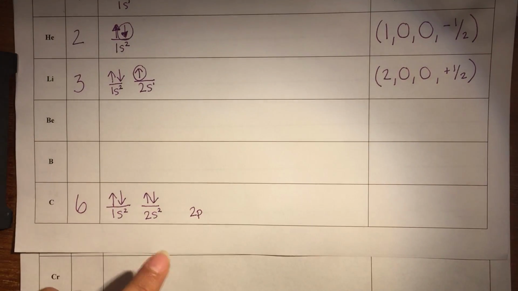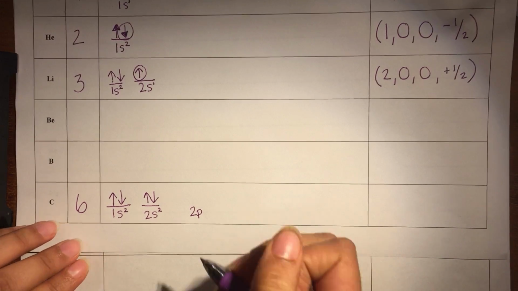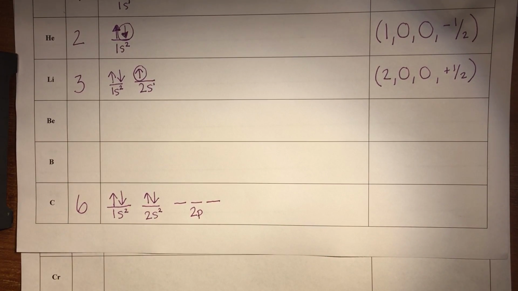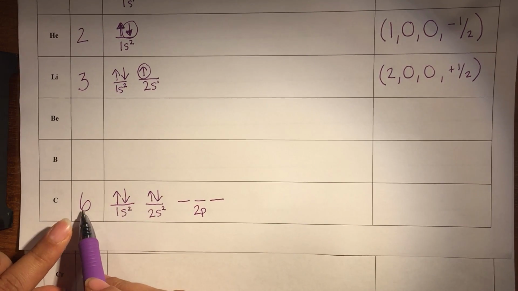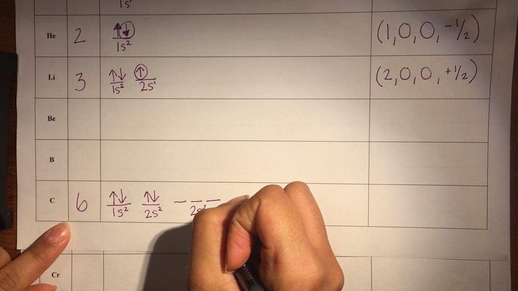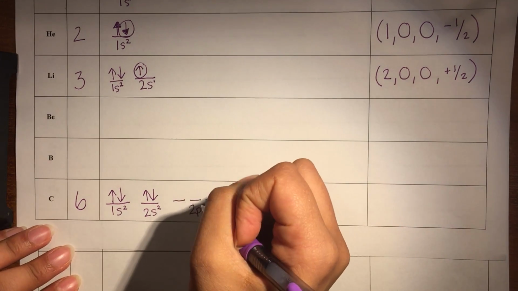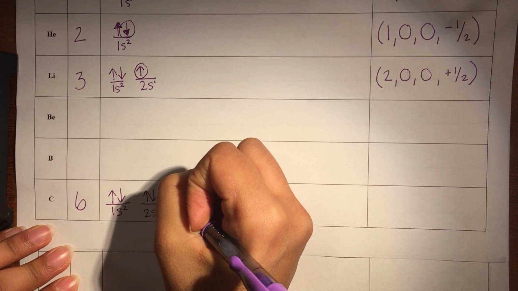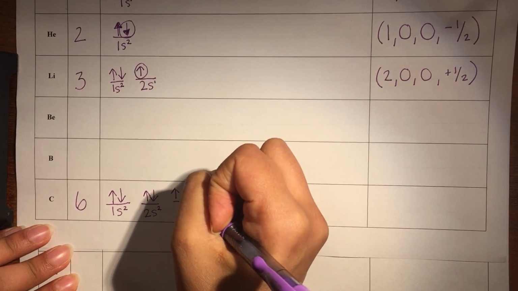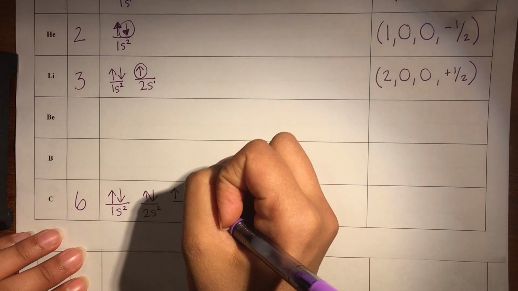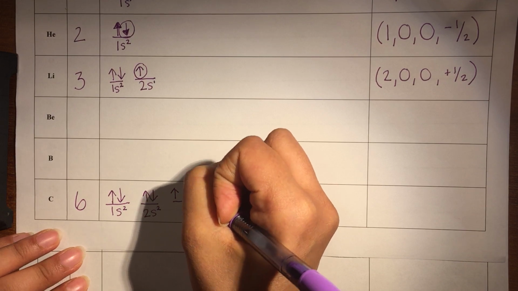What that means is when I write a p, I draw 3 separate lines. I already took 4 electrons, so I only have 2 left, so 2p2. And that last rule, Hund's rule, tells us that electrons will individually occupy independent spaces before they pair together if they have the room. So we're describing this one.